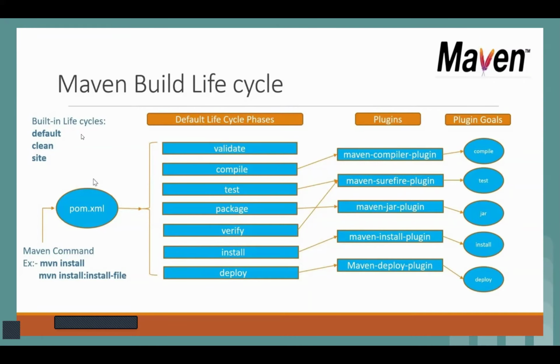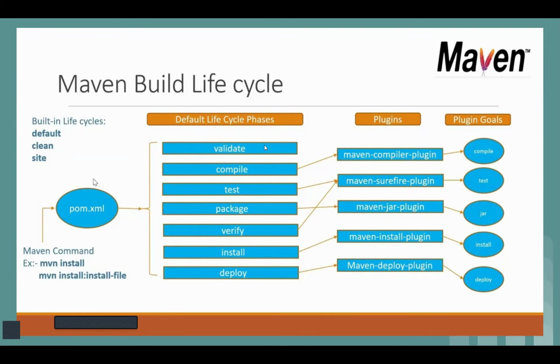So let us suppose I am writing the command mvn install. How will this work? As soon as it finds the command mvn install, it will directly go to the pom.xml file. In the pom.xml file, it is going to run the entire plugins. First of all, it is going to validate the project, whether your project is fine or not.